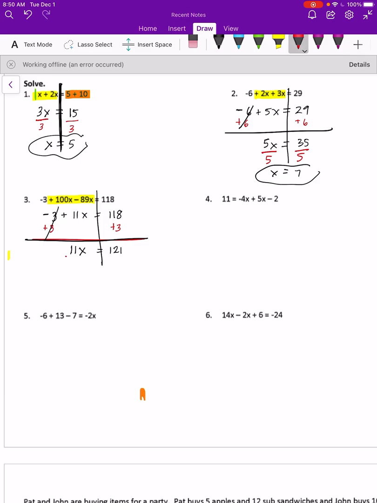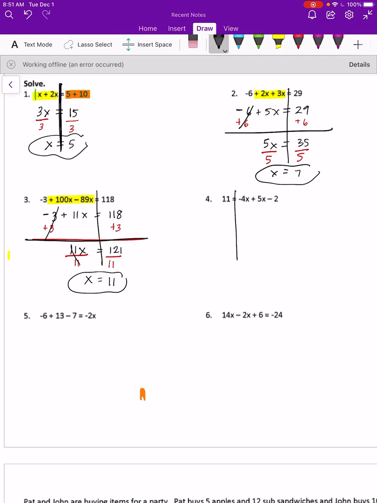Now I'm going to divide both by 11 because 11 and x smushed together means multiply, so the opposite would be to divide. That leaves me just x, and 121 divided by 11 is 11.